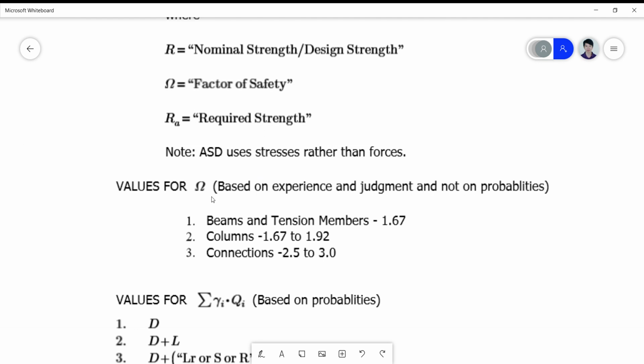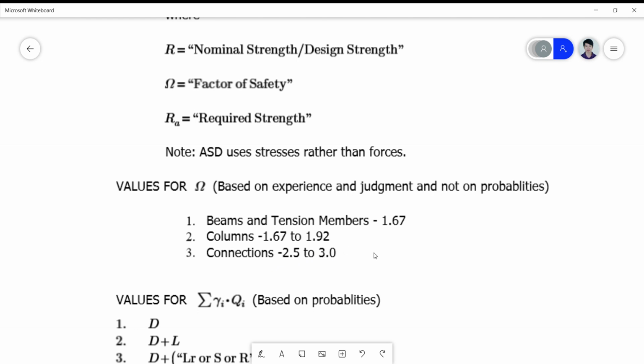So values for omega change from code to code based on experience, judgment, and expertise, and not based on probabilities. So for beams in tension, for example, the American code uses 1.67, columns 1.67 to 1.92, and connections 2.5 to 3.0.